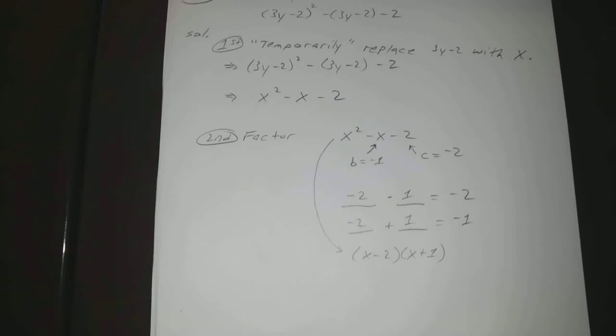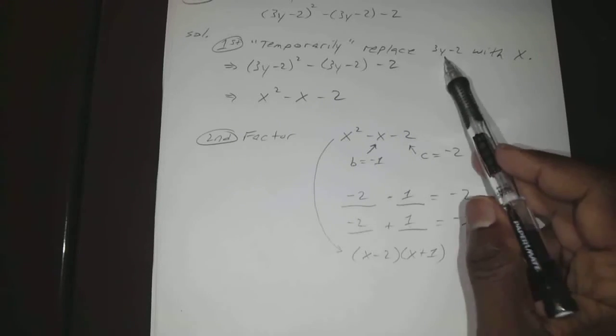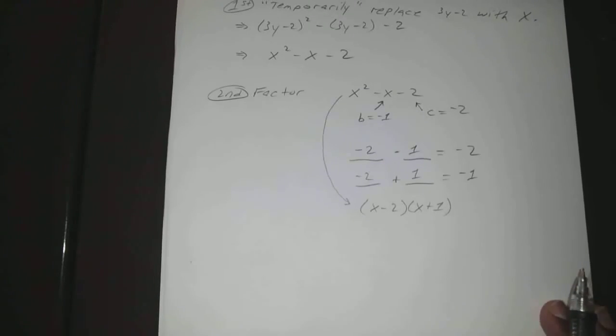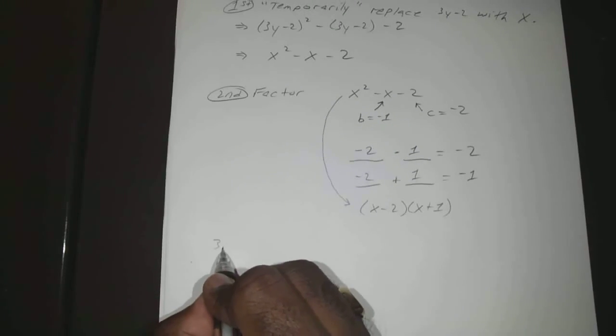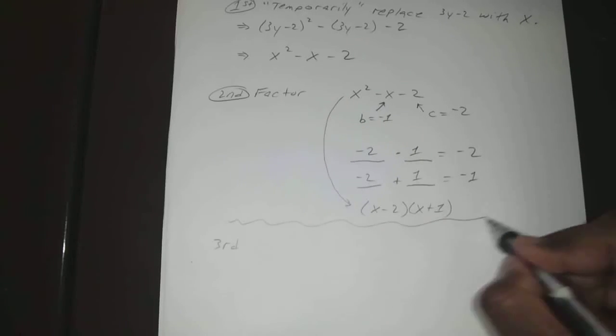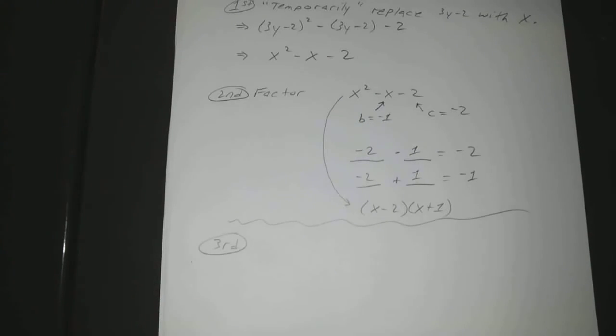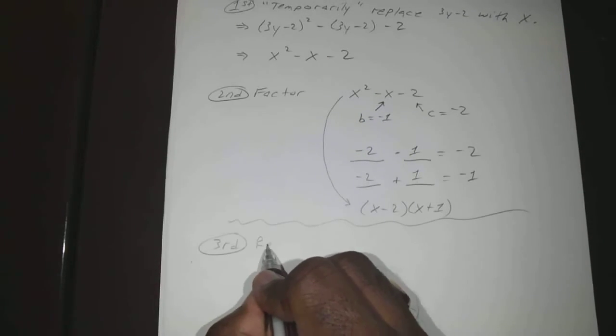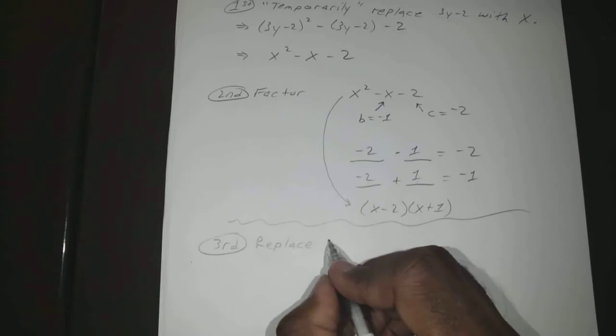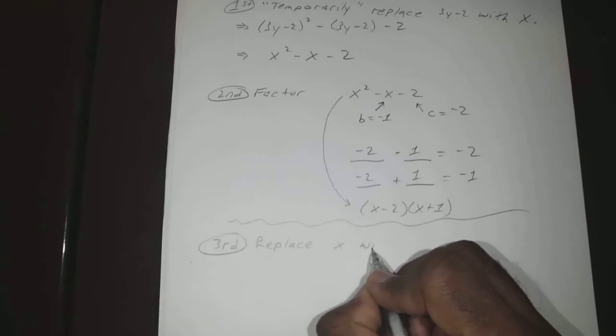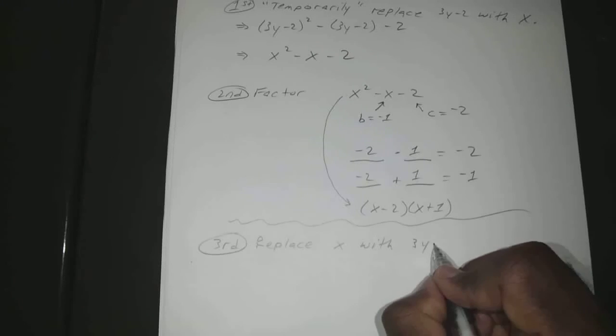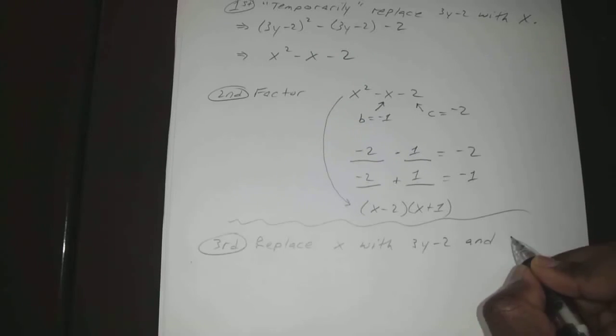Okay. So now we plug back in our 3y minus 2. So we replace x with 3y minus 2 and simplify.